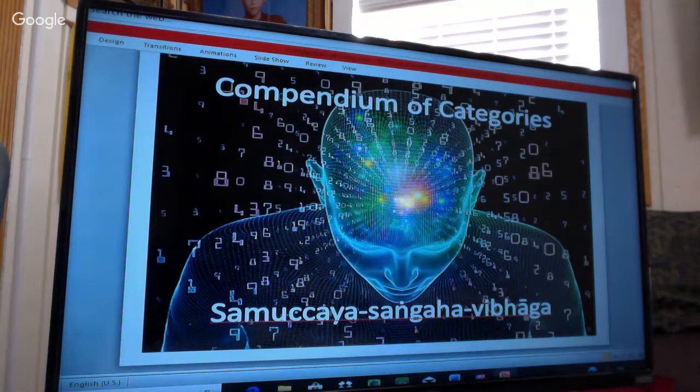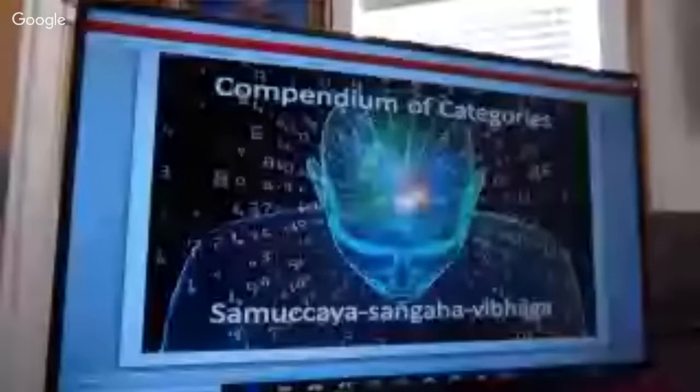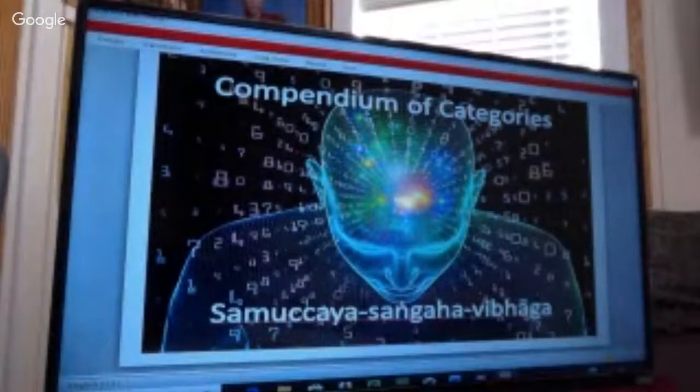That's why the Buddha explained the Samuccaya Sangha: the mind, mental factors, and matter are discussed under different names, in different places, with different usage. This is also natural. Not only one name; in different places they make the name different.